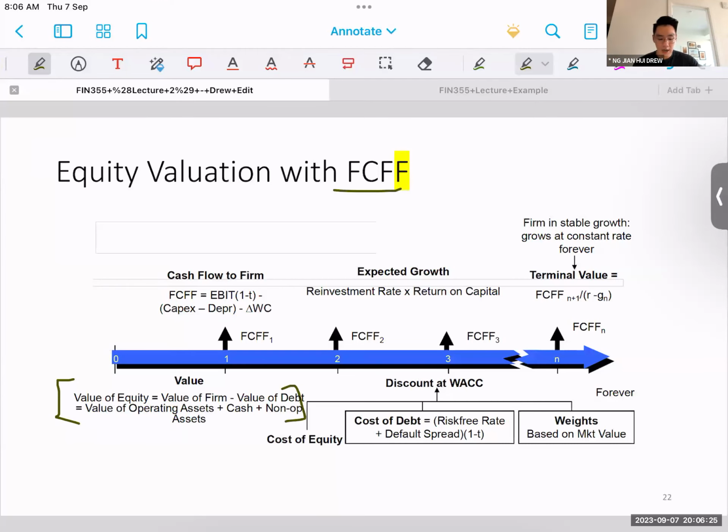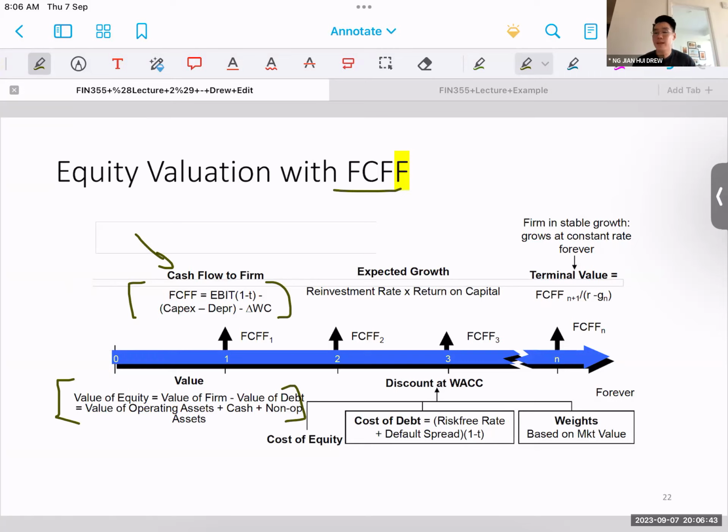Now, what do we need to find out? Cash flow. So what is the cash flow? This is the most common formula that we use, but later we'll see there are a lot of derivations. They are simply the same key formula, just that we break them out, right?